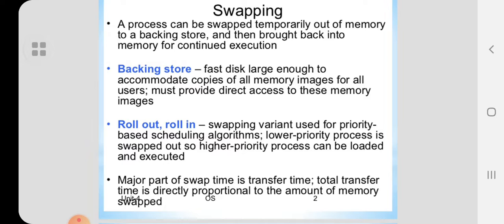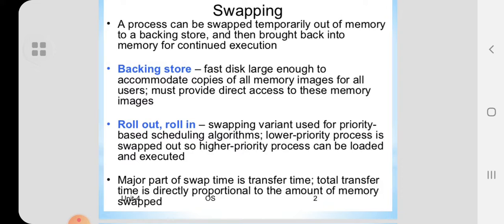When they switch to the next user, the current contents of a user memory were written out to the backing store, and the memory of the next user was read in, and this scheme is called swapping. So, there are two techniques used there, the backing store and roll out, roll in. And another is secondary storage management.